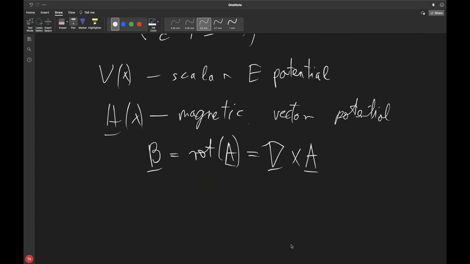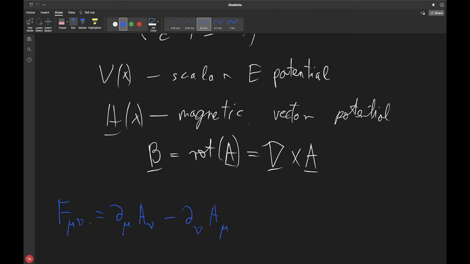So in order to have this in a relativistic form, we will introduce a tensor, which is called F mu nu. F mu nu is an antisymmetric tensor, and it's defined as the derivative of the nu component of the A four-vector with respect to the mu component, minus, since it's an antisymmetric tensor, we just swap the indexes.